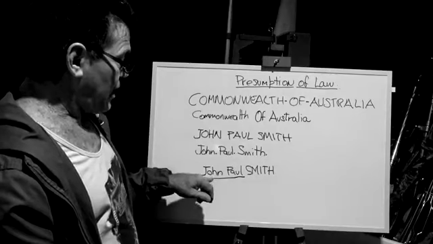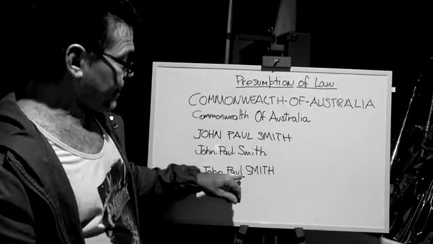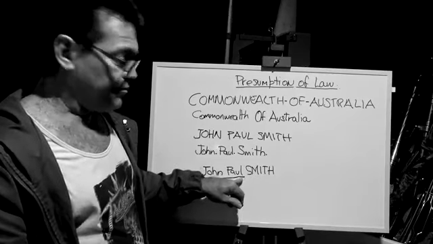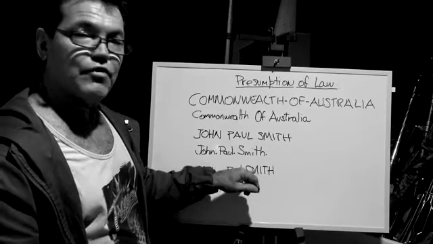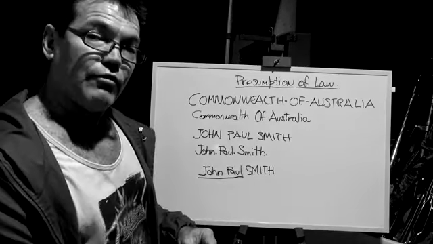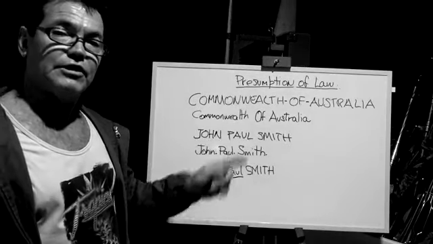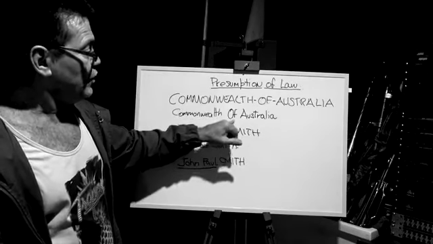And same with your birth certificate, your state birth certificate. There is no joinder actually on the name itself, but you've presumed that your name is John Paul Smith because you're ignorant to the grammatical rules of Latin and the grammatical rules of English. One rest constitutes a joinder of a name.